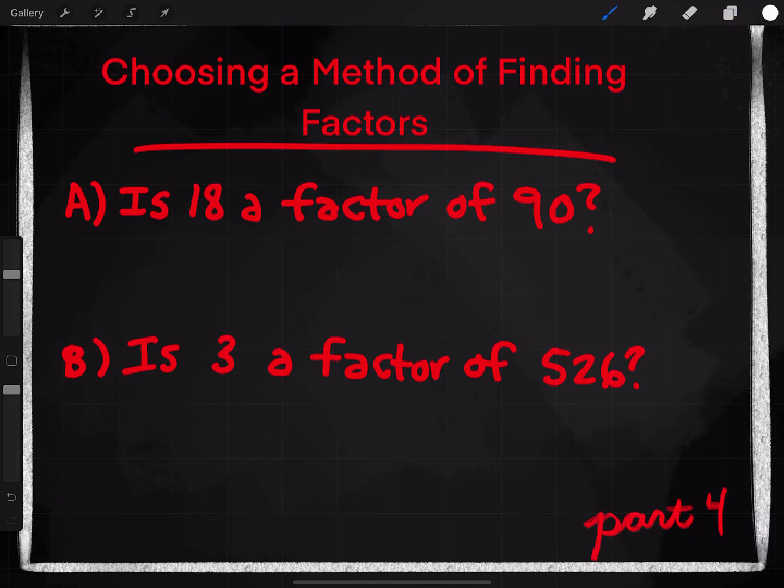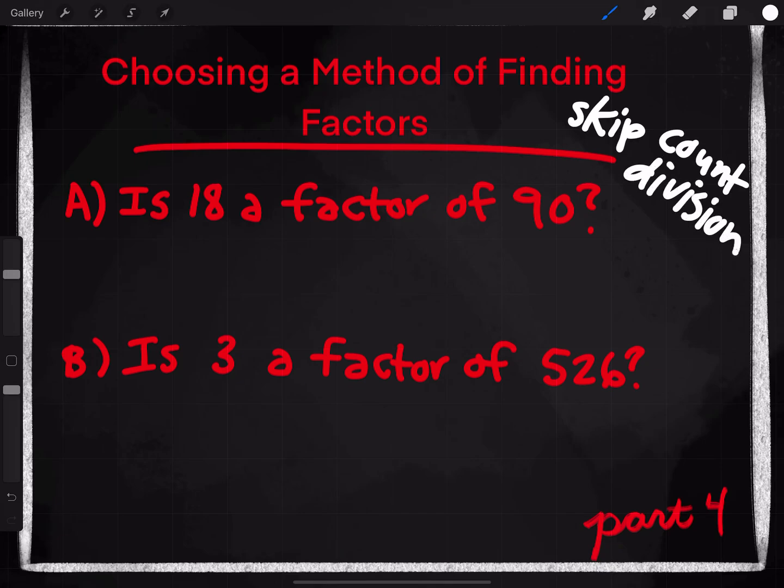So our two main methods, again, are probably the skip counting and division. And you can just choose whichever one you're more comfortable with. So here's an example. Is 18 a factor of 90? You can use either method to find the answer.